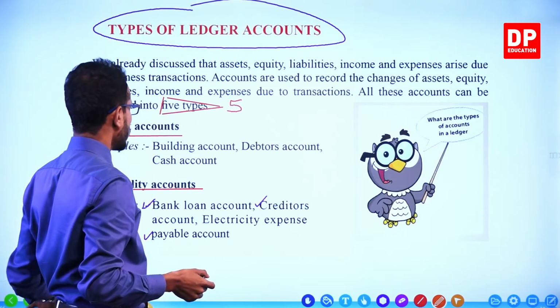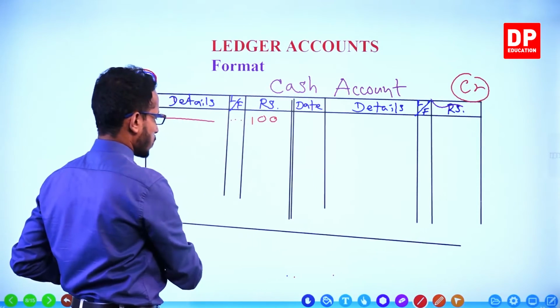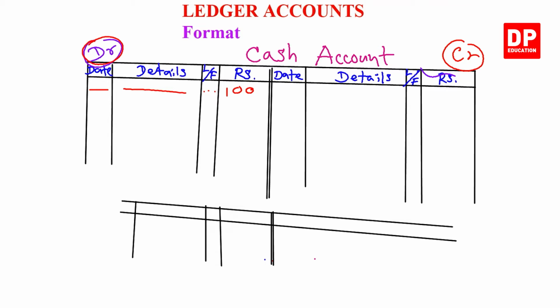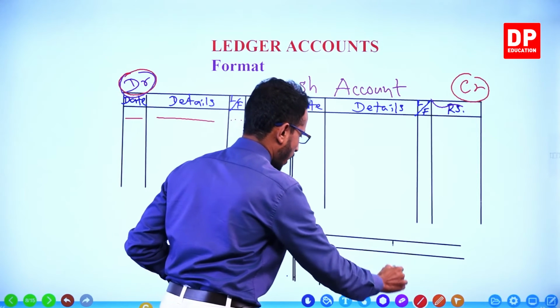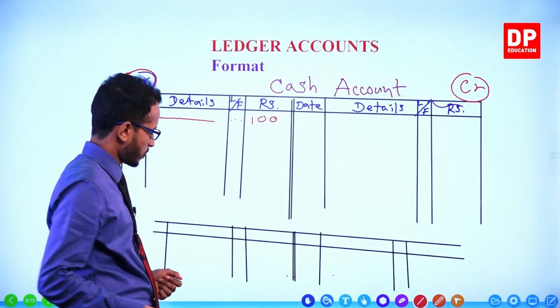So then you draw another account and name it as capital or equity account. Easy, right?